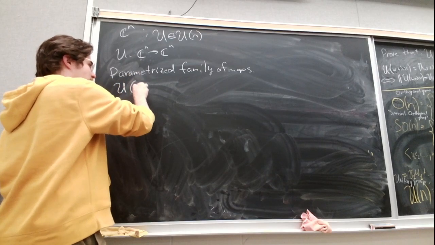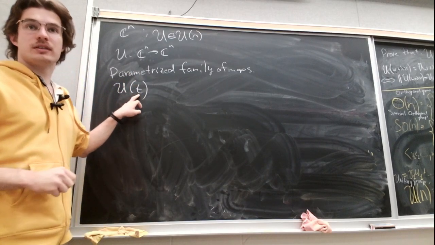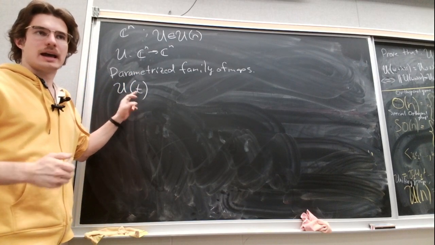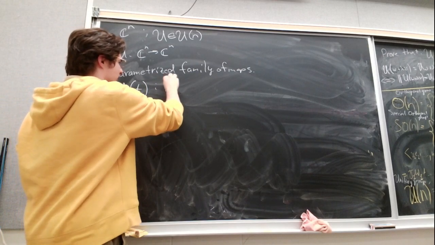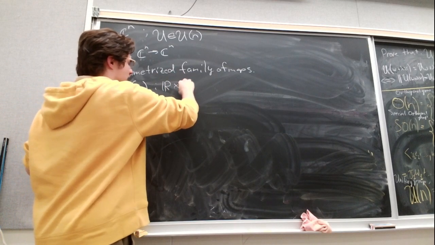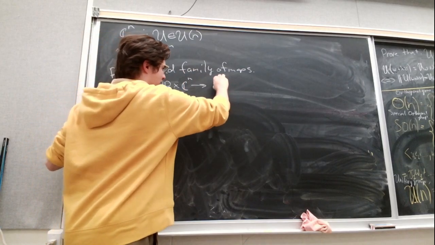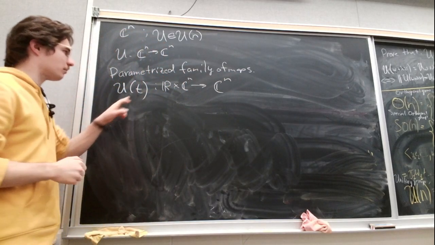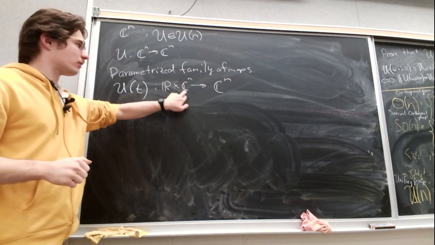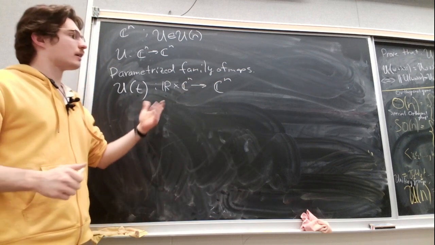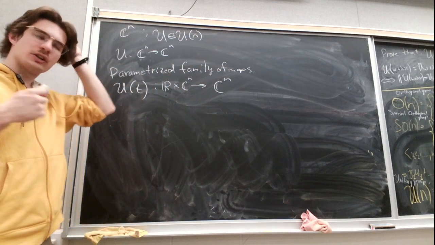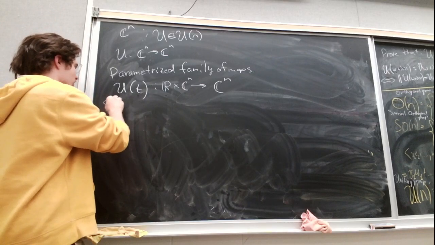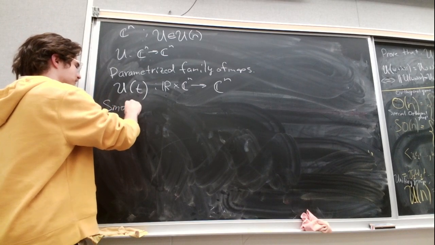U of t, right? So for every point in time, I have a map from Cn to Cn. So it's kind of like R cross Cn to Cn, right? So for every point in time, I know how to send a vector to some other vector in a way that preserves the inner product. Okay? And we can actually talk about a smooth family of maps.